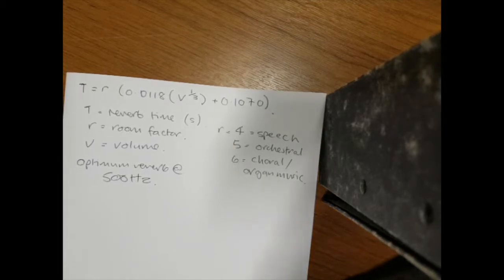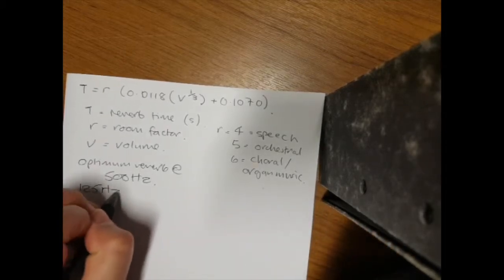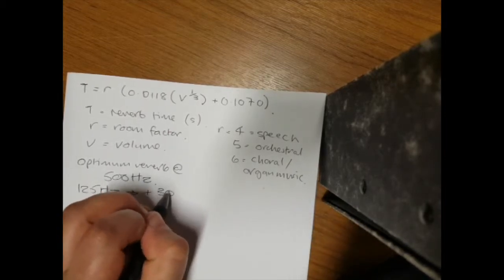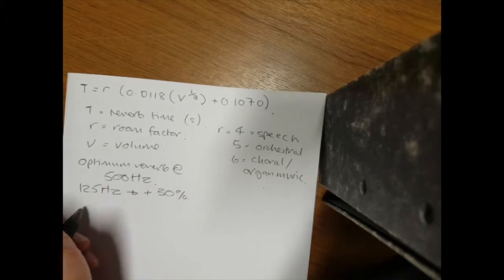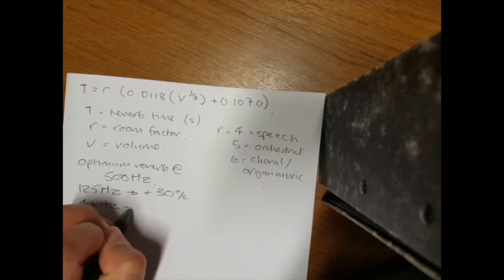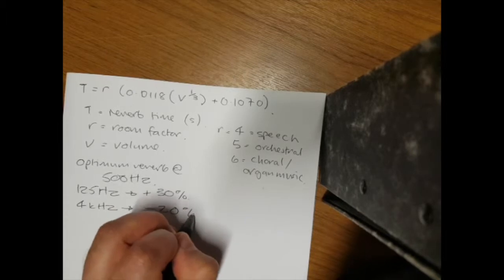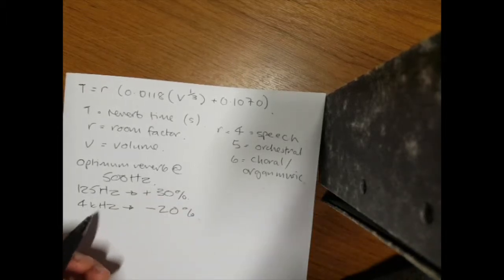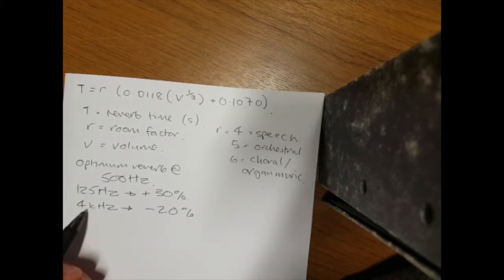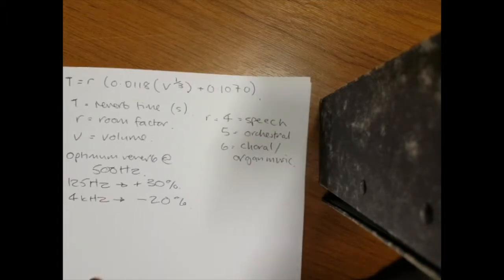If we want an optimum reverb for 125, we should add 30%. And if we want an optimum reverb for 4 kilohertz, reduce 20%. Okay, so this follows a rule that we should have slightly more low frequency than we should have high frequency. So with this we can work out 3 very key bands in what we're doing.